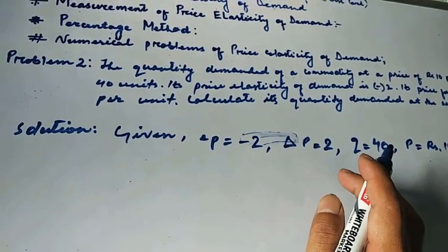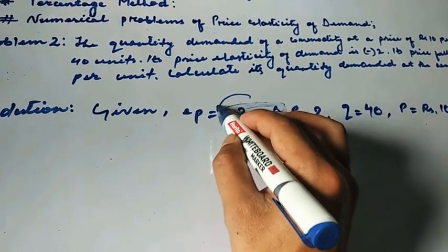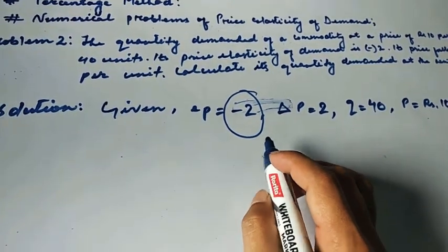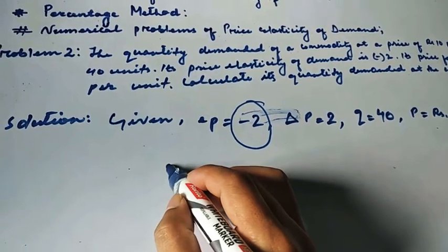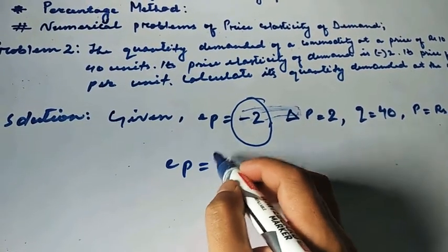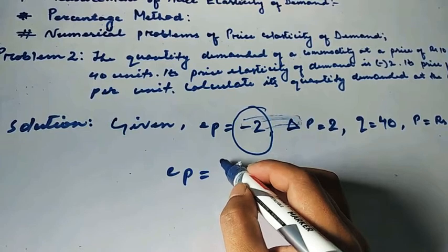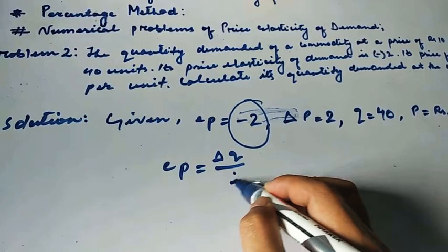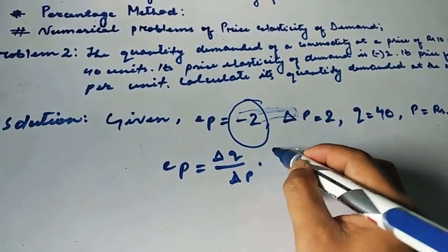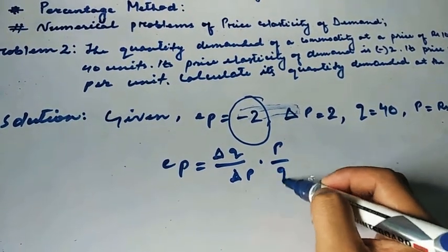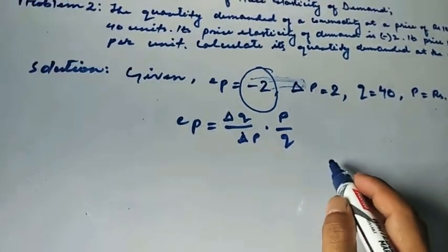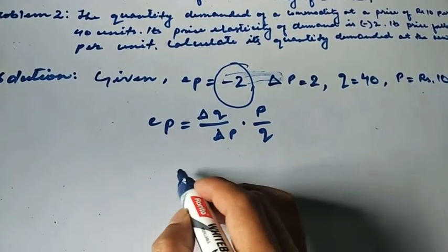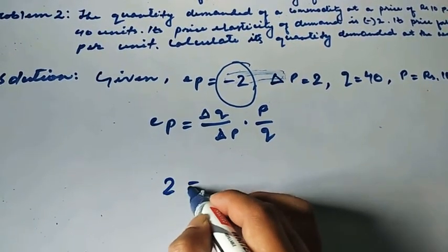As we have said, this minus sign has to be ignored while calculating price elasticity of demand. The formula is change in Q by change in P into P by Q. That is the formula for price elasticity. Here price elasticity is given as minus 2, so we ignore this minus sign.